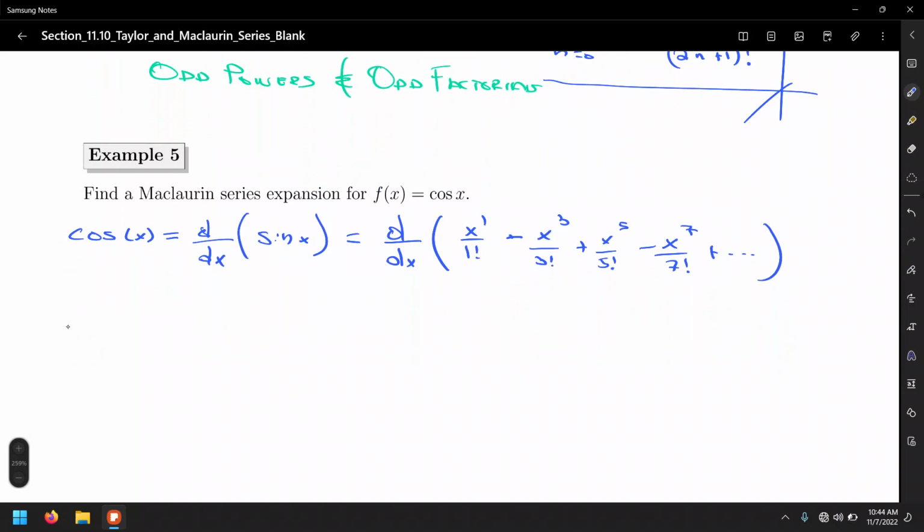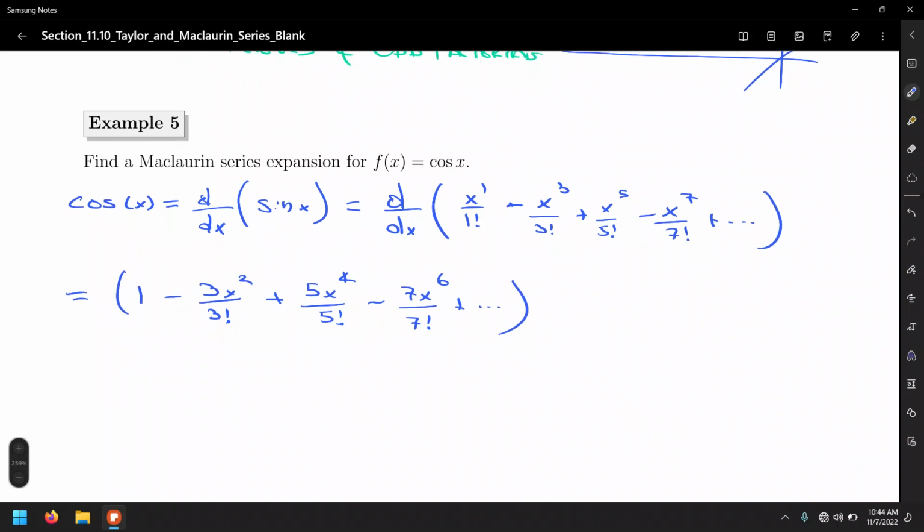Well, so this will be the derivative of x to the first power over 1, that's simply going to be 1. And then minus 3x squared over 3 factorial and plus 5x to the fourth power over 5 factorial minus 7x to the 6th over 7 factorial plus, well, the pattern goes on forever. Well, so let's simplify this a little bit. Why not?